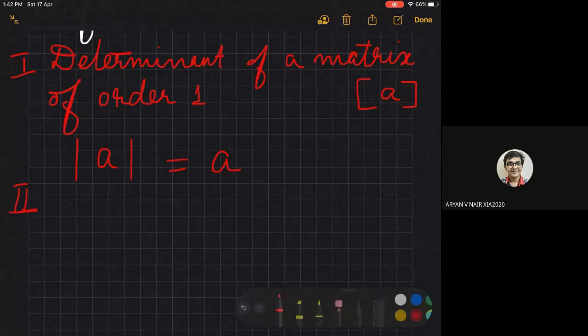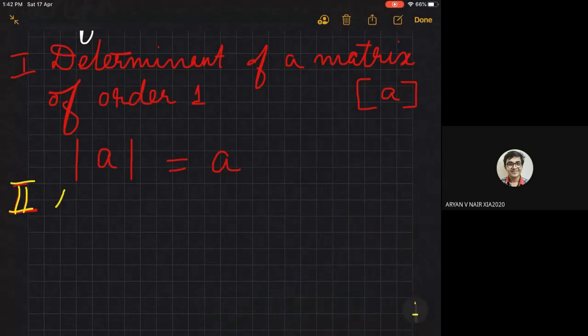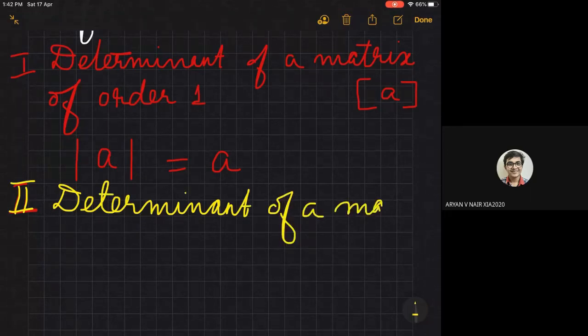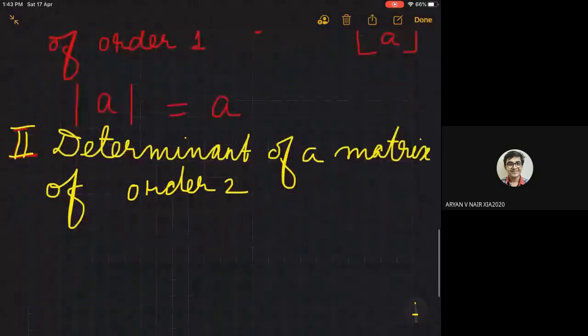Second, the determinant of a matrix of order 2. How do we write it?